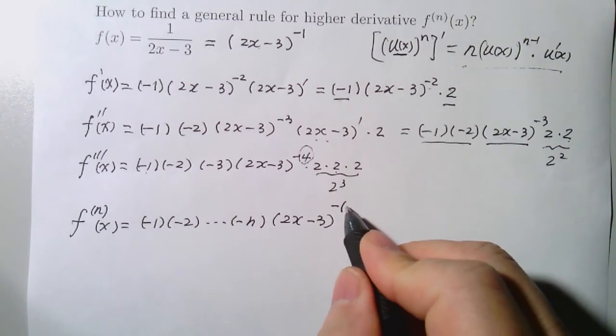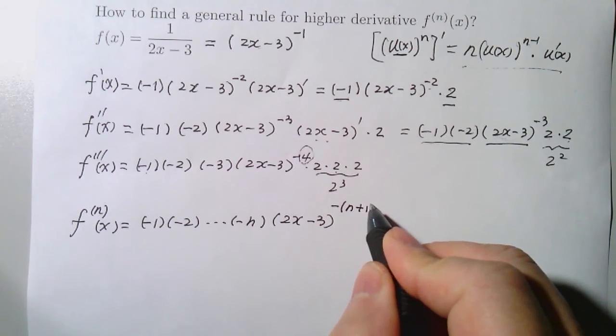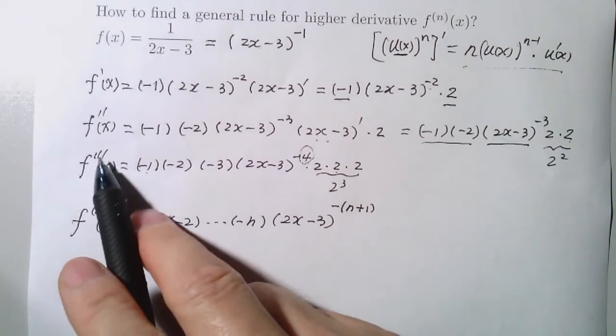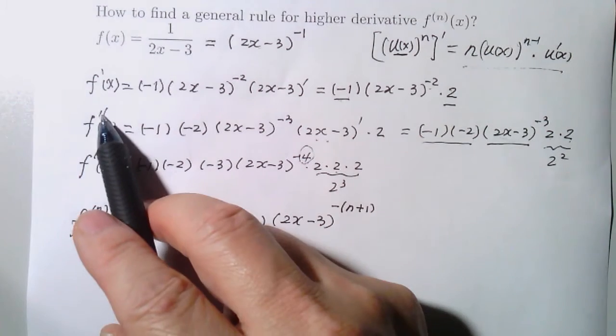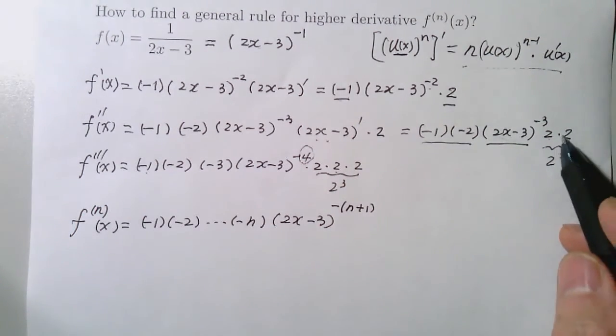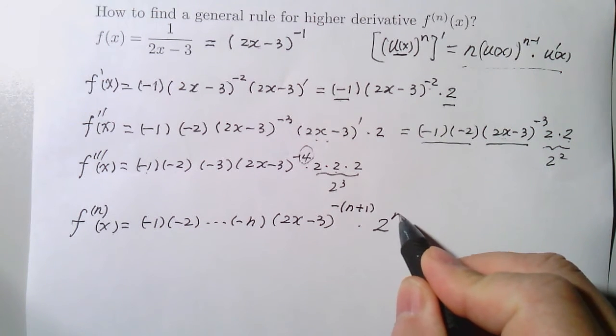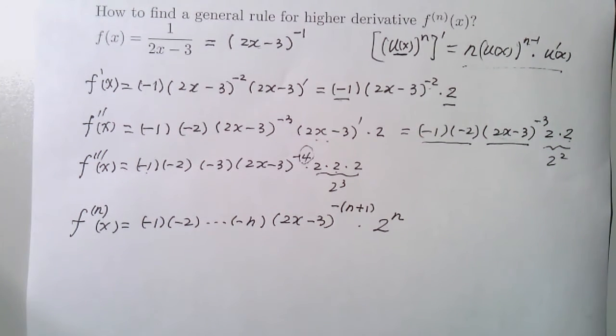So you write this as -(n plus 1). And that's 2 to the third for the third derivative, 2 squared for the second derivative. So for the nth derivative, you have a 2 raised to n. That's giving you its general rule.